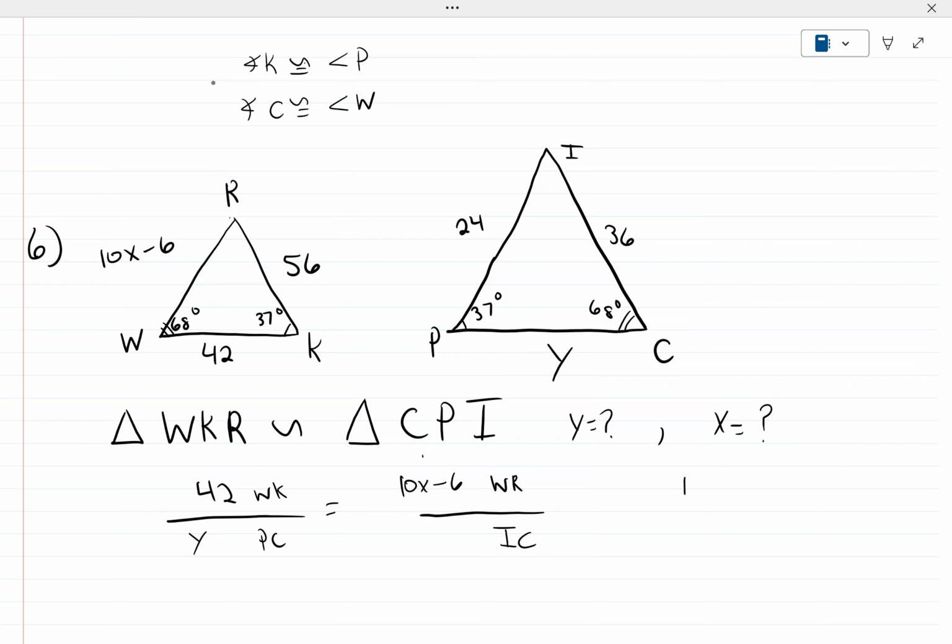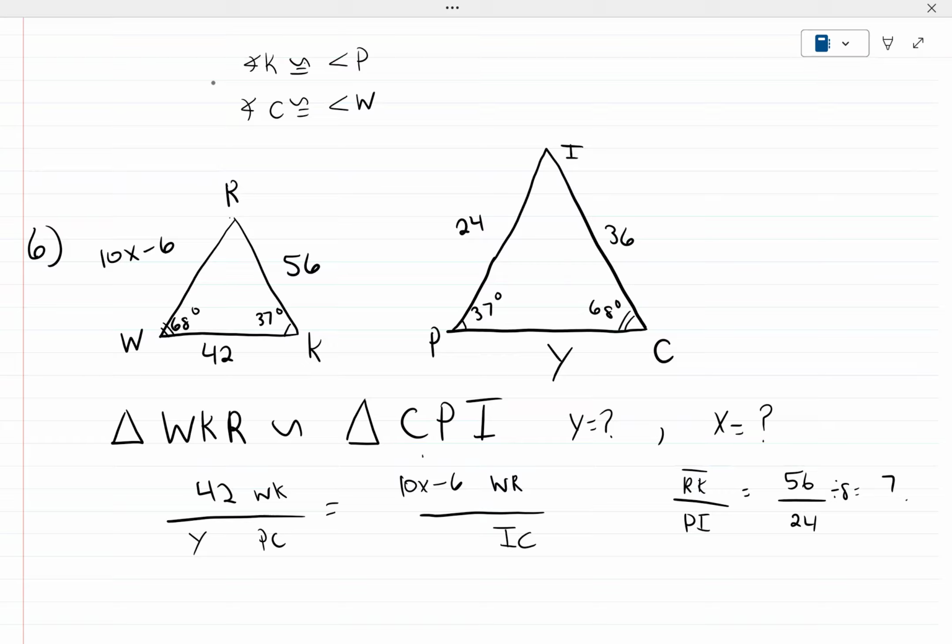So you could do RK over PI. RK is 56 and PI is 24, and that can be reduced by 8.